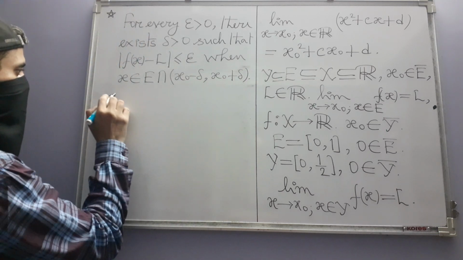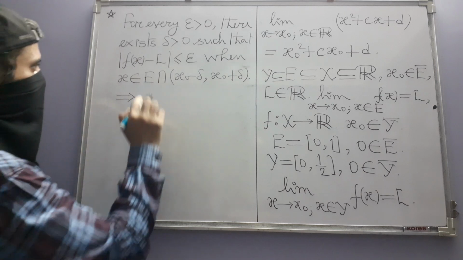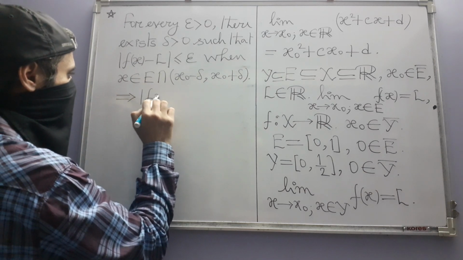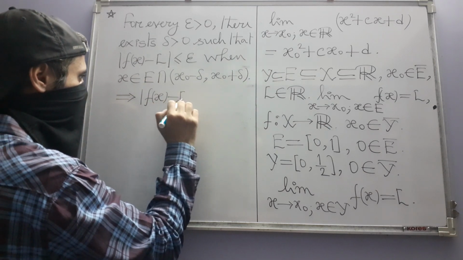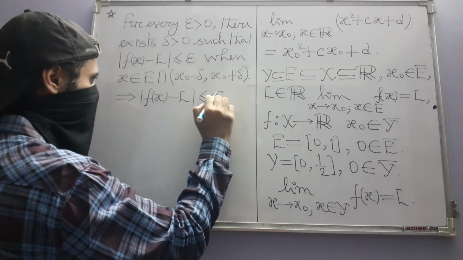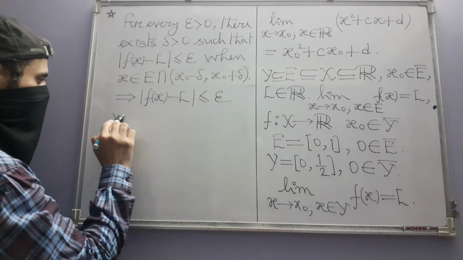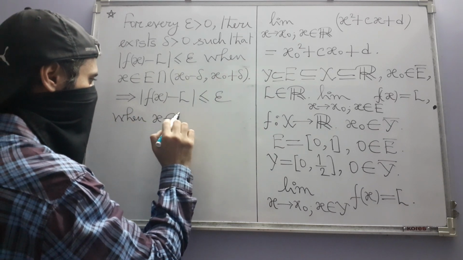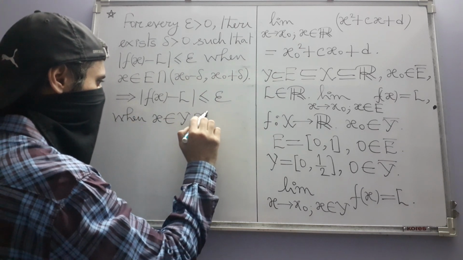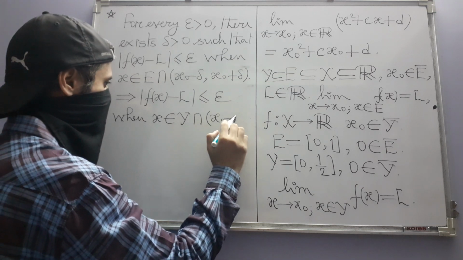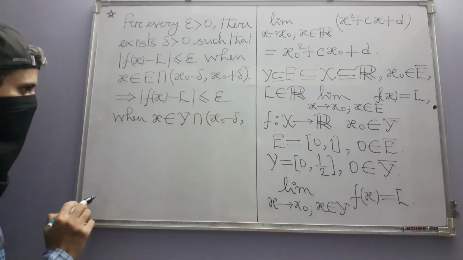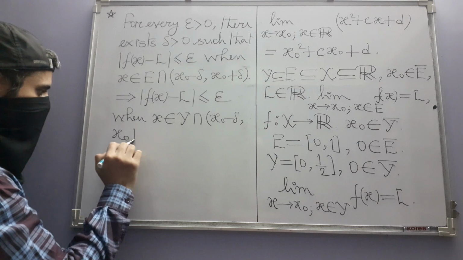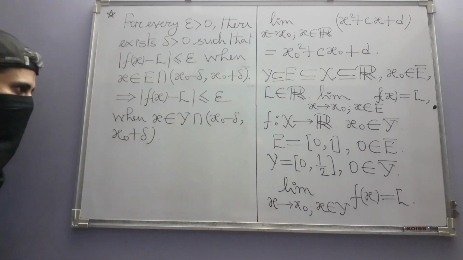And this implies that the distance between f of x and L will be less than or equal to epsilon when x belongs to this intersection. So we are replacing E simply with Y. Can it be done?